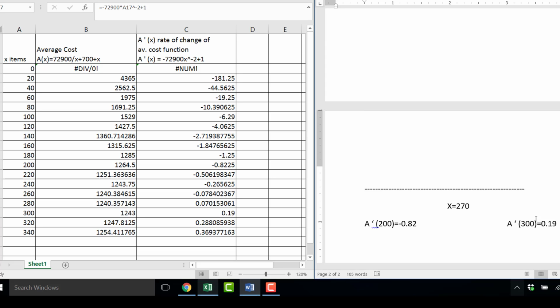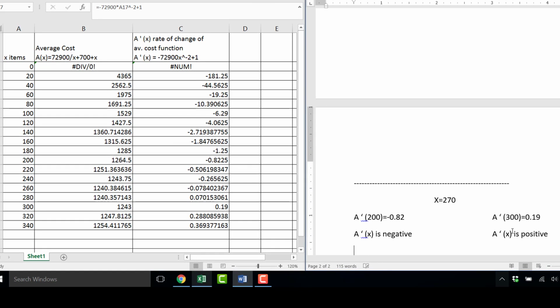So I can now say on this interval to the left of x equals 270, A prime of x is negative. And on this interval over here to the right of x equals 270, we can now say that A prime of x is positive. Therefore, we know over here to the left of x equals 270, A of x is decreasing.